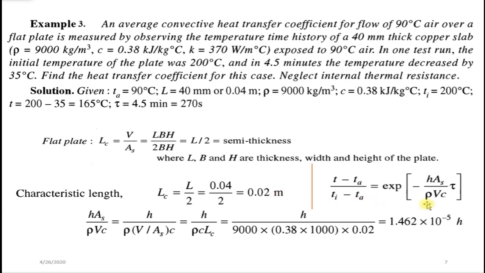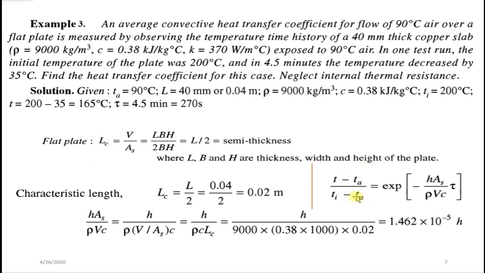Now the temperature distribution equation for lumped heat analysis: here directly it is not possible to find the Biot number, because for lumped system analysis the Biot number should be less than 0.1, but in the problem it is given to neglect internal thermal resistance. That means we can use this temperature distribution equation from lumped heat analysis.